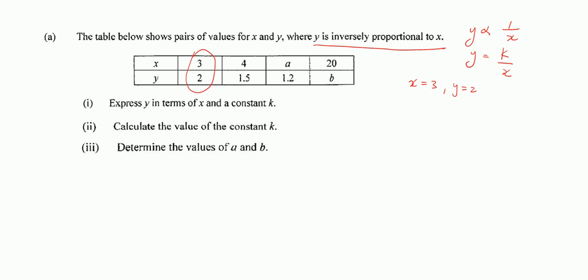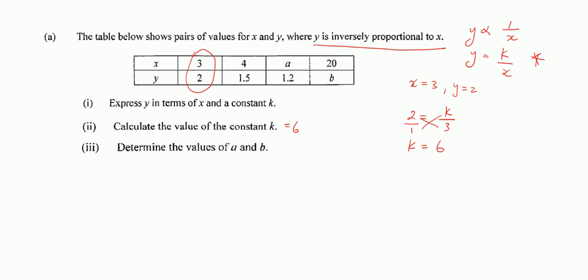So if we substitute x is equal to 3 and y is equal to 2 into this equation, we end up with 2 is equal to k over 3. Now this is the same as saying 2 over 1. So if we cross multiply, we end up with k is equal to 6. Therefore k is equal to 6.